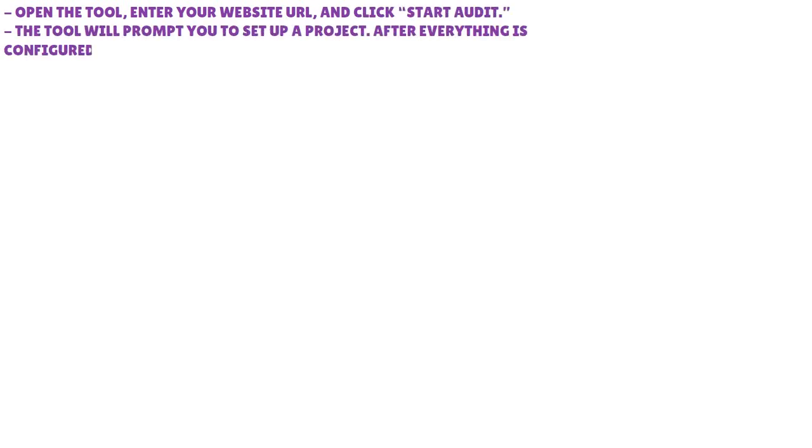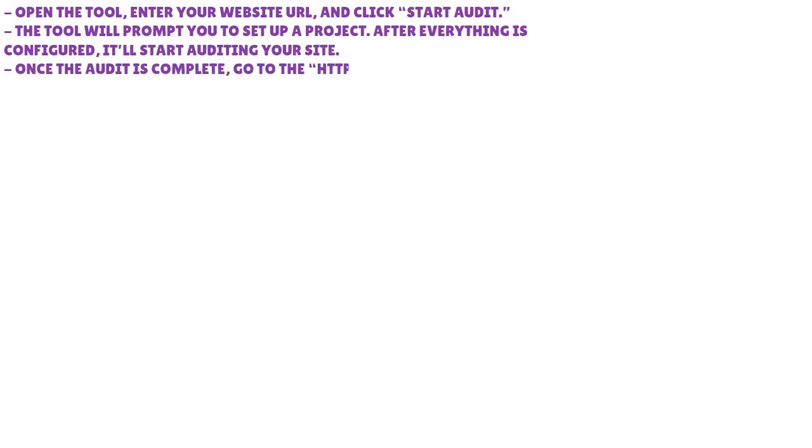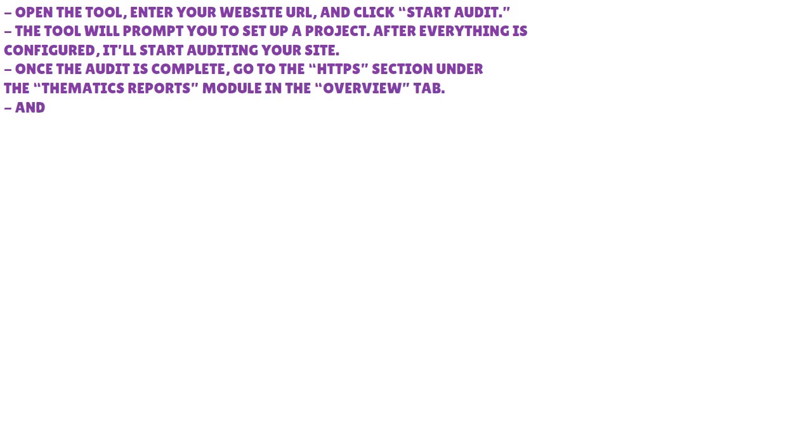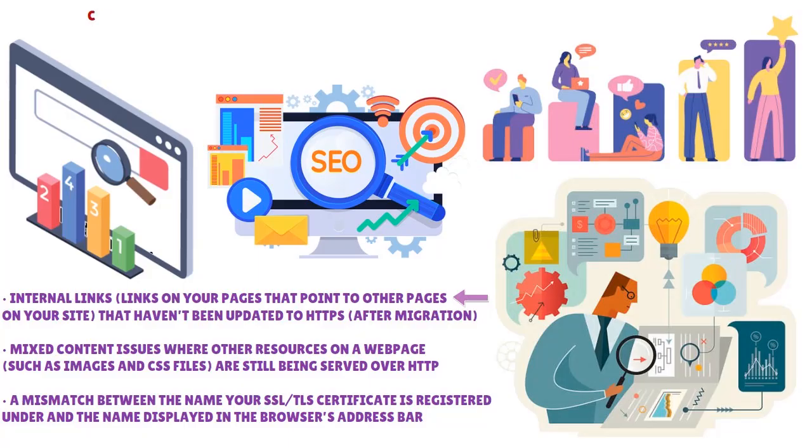After everything is configured, it will start auditing your site. Once the audit is complete, go to the HTTPS section, okay, and click the View Details button. You'll see how your site is doing across multiple HTTPS related issues. So that's really good.